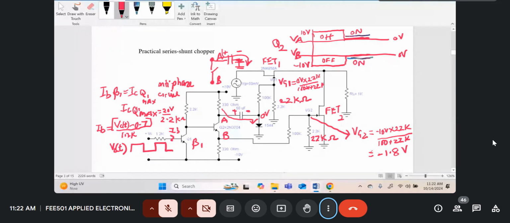So next, that is when Q2 was off. Now when Q2 turns on, point A and B of Q2 are like short-circuited to one another.